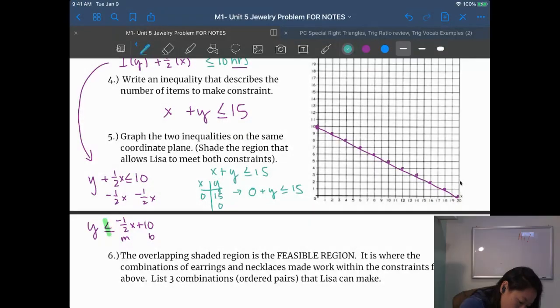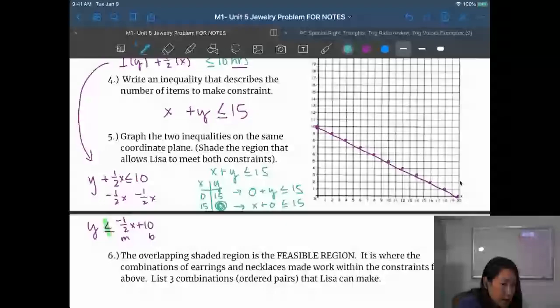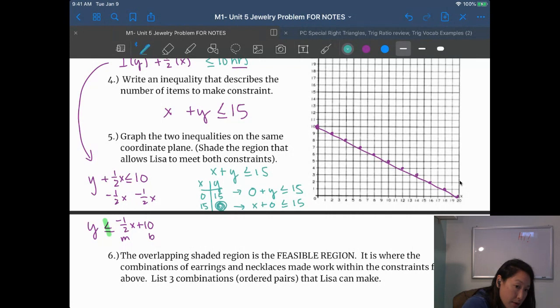Then I plug in 0 for y, so x plus 0 is less than or equal to 15, so x is going to be 15. So my intercepts for this line are (0, 15) and (15, 0).